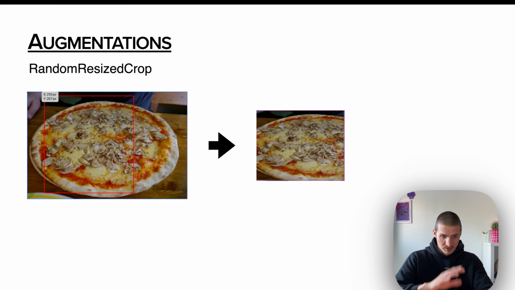So this is how resize works. The main method is usually random resize crop, but there are other alternatives that do just resize or just crop. So the idea is we have an input picture, we select pretty much a random area of it, we crop it out, thus leaving some of the stuff out, and we also then rescale it a little bit. So we change the aspect ratio slightly. And we do that to make sure that the task is more challenging for the model, so it doesn't remember the exact images.